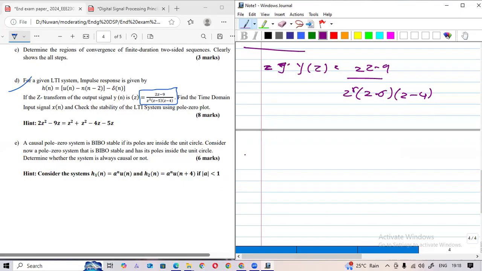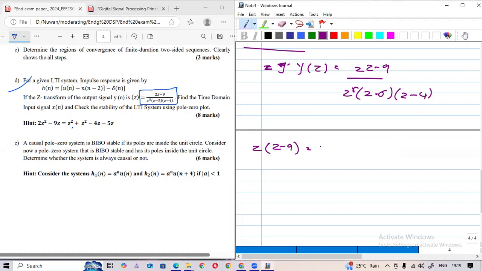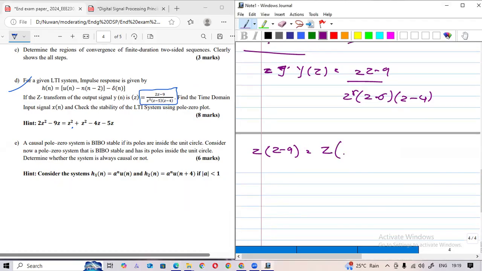So you can write z into 9 as, for example, if you can get one z here, you will have z minus 4, so you can see that term is there.